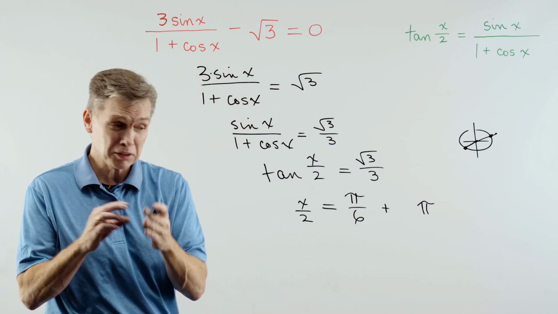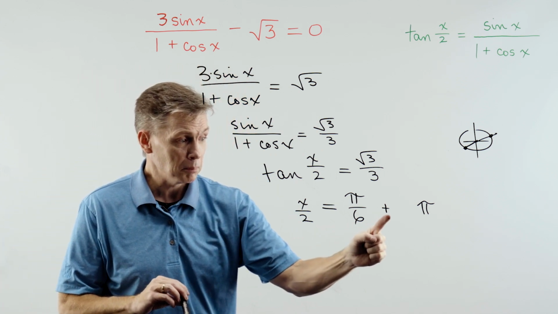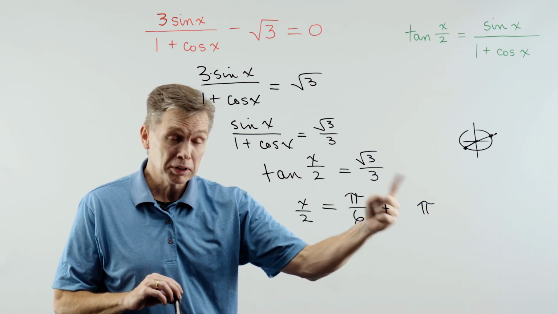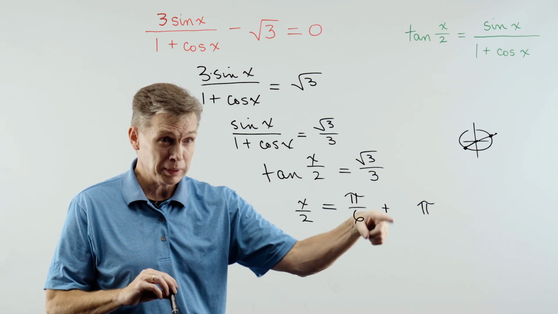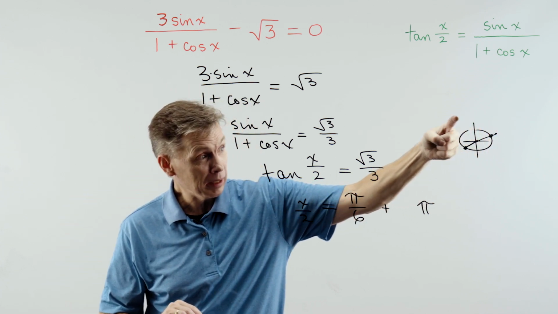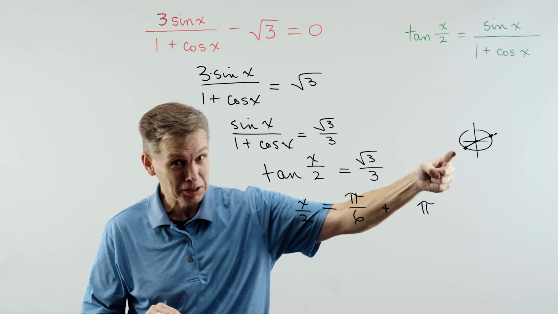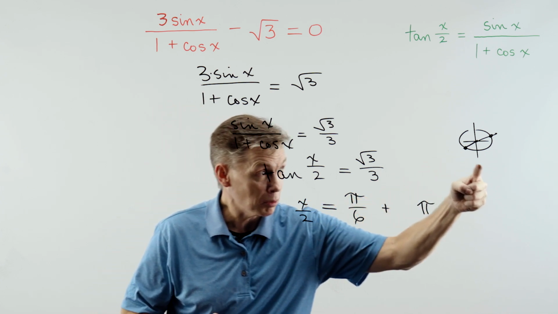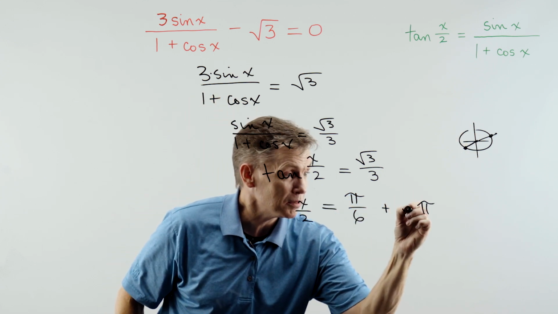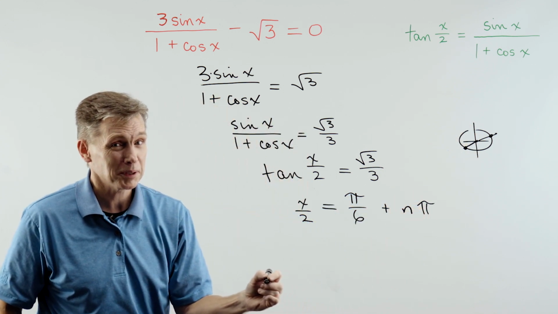But you can express that by saying pi over 6 plus pi. And the blank that I left was that you could keep spinning the wheel. Spin half wheels, because you can start at pi over 6, then go pi, which is just half of a rotation, and then another half and back and back and back. So it's n pi.